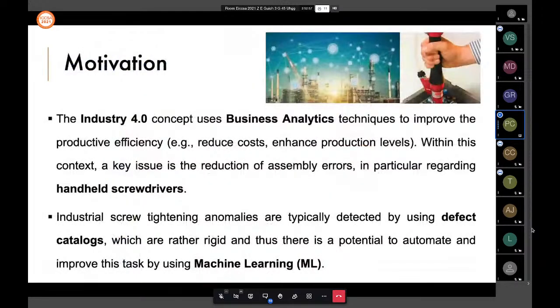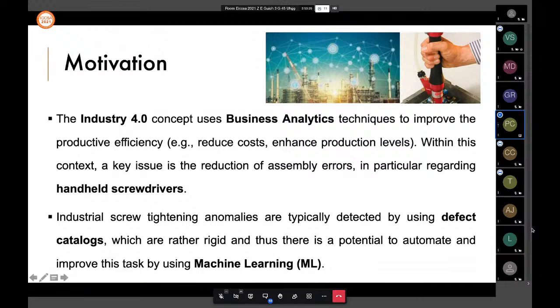Turning to the motivation. This piece of work is inserted within the revolution of Industry 4.0. The idea is to put a lot of sensors in the productivity systems of the industry, trying to collect digitally all this data and then trying to analyze it by using business analytics.